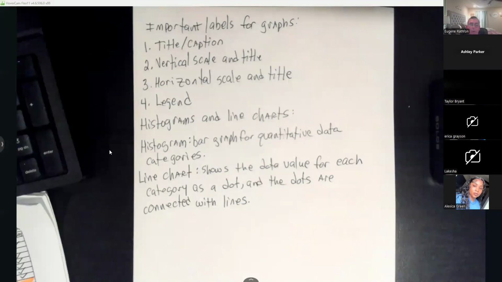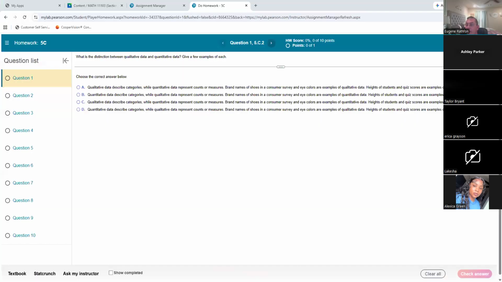All right, so we'll start out with our qualitative and quantitative, okay? So what is the distinction between qualitative data and quantitative data? So remember, we said that qualitative data describe your categories like colors and stuff like that, shoe brands.